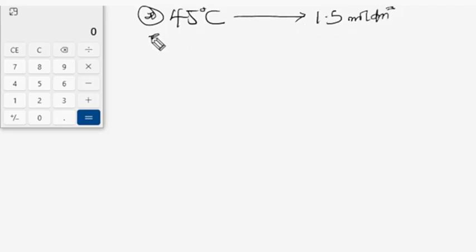At 20 degrees Celsius, the solubility went down to 0.5 moles per dm cube.